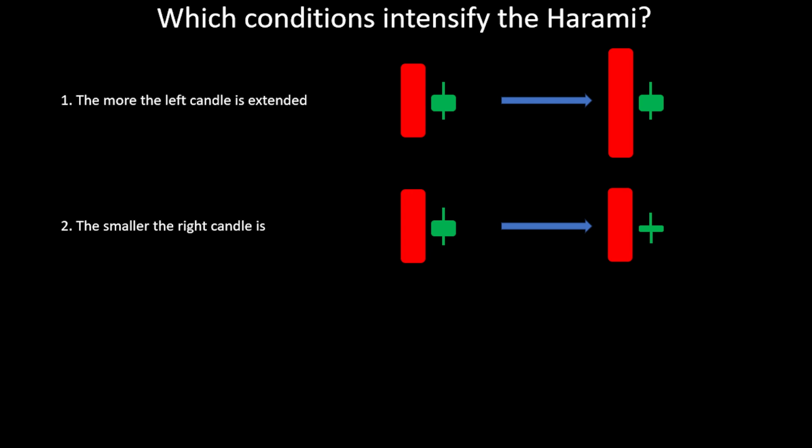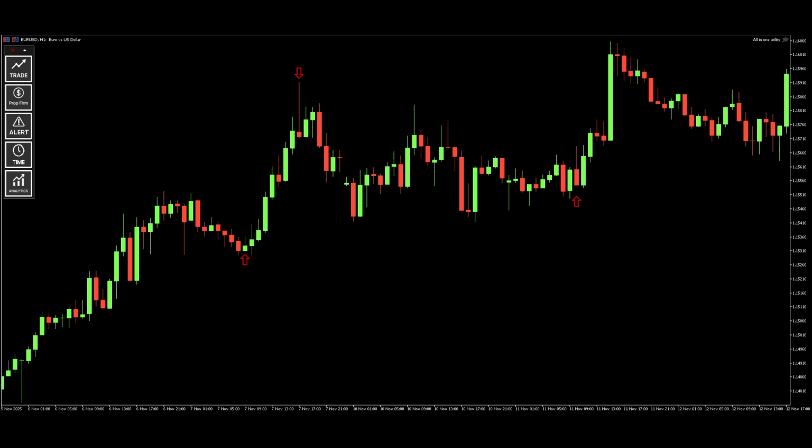Now let's see some real examples on the chart. Alright, let's start with these three signals on EUR/USD chart 1 hour time frame. You can see two inverted hammers at the bottom of these two trends and a shooting star here at this uptrend, after which price started to move down.